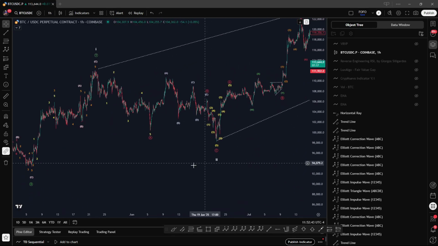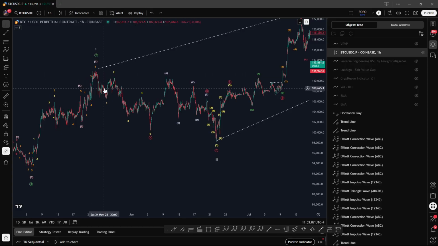Second wave, simple zigzag. A, B, C, 5, 3, 5 zigzag. So we have a diagonal A. We have a triangle, A, B, C, D, E, B, 1, 2, 3, 4, 5, C. Okay, expanding diagonal, C. So the first one was a contracting diagonal, and then we ended it with an expanding diagonal.